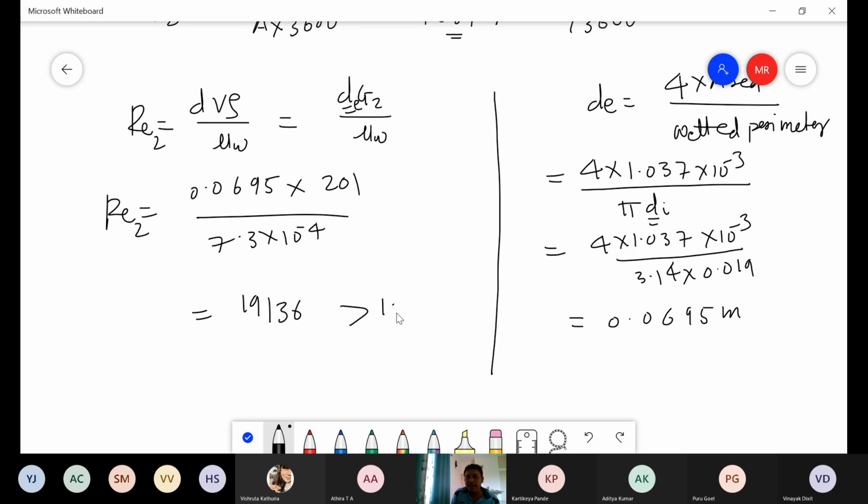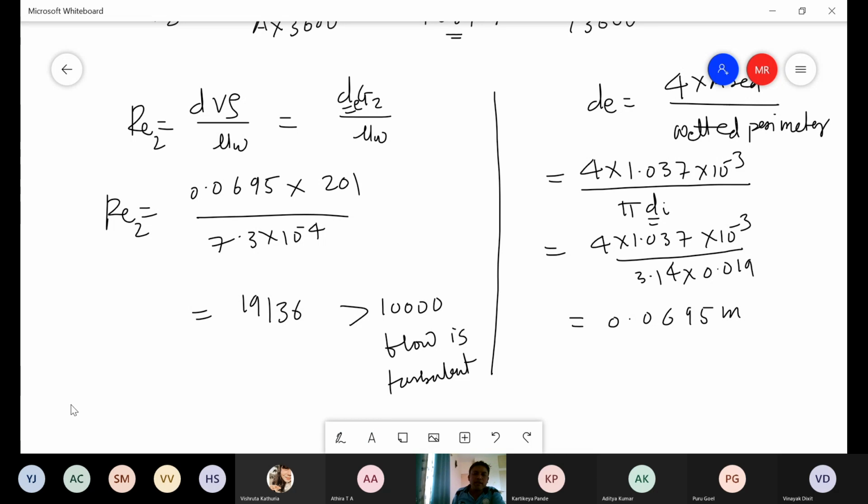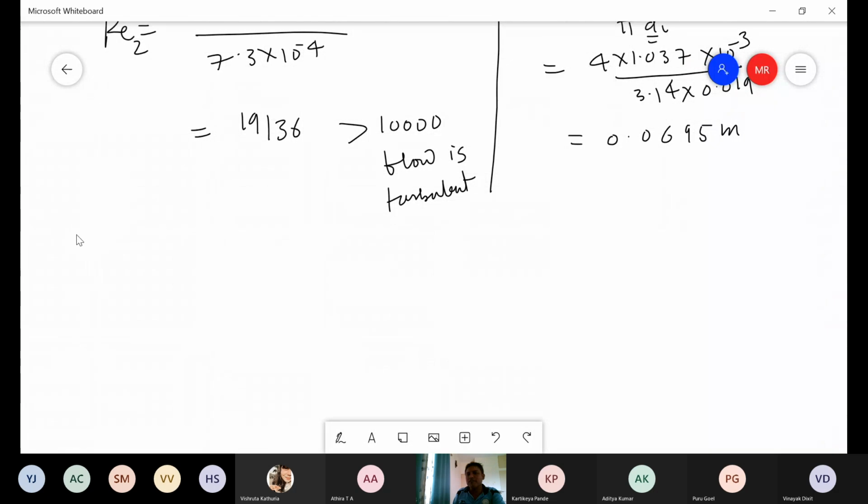Which is again greater than 10,000, isn't it? So flow is turbulent. In both the cases, in the flow of mercury through the inner pipe, there also the flow is turbulent. Also for the water flowing through the annular region, flow is turbulent.